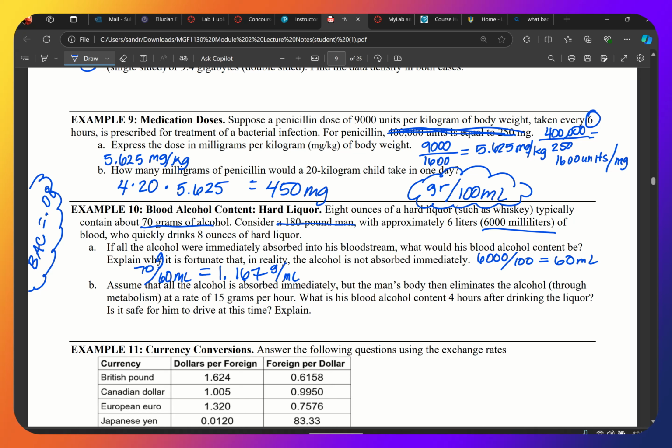So explain why it is fortunate that in reality the alcohol is not absorbed immediately. What is the BAC level for death? Somebody look that up on Google. If 0.08 is illegal for driving, 0.08.